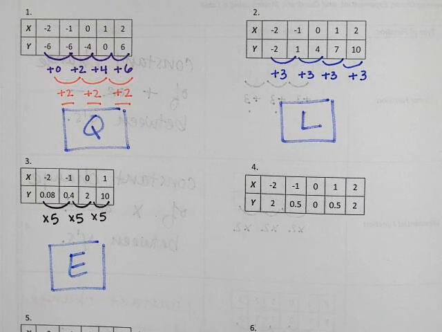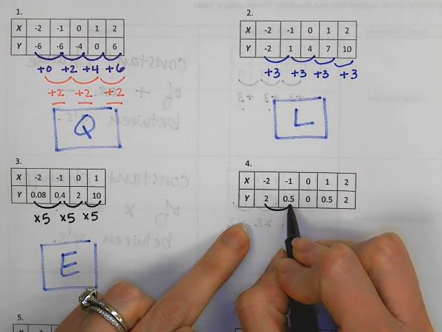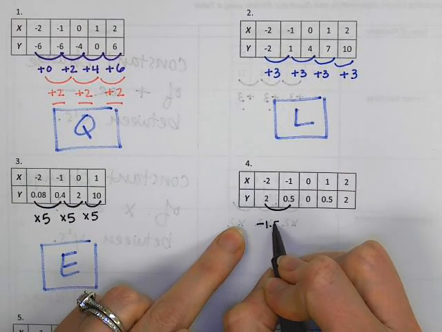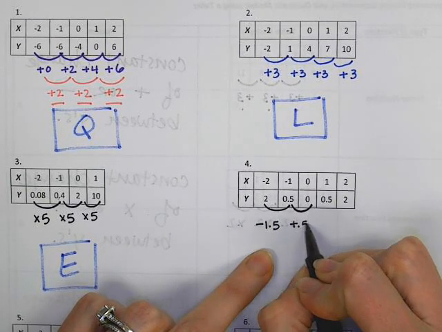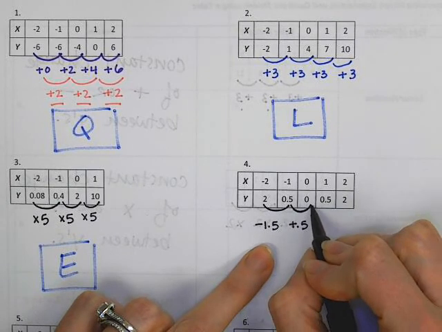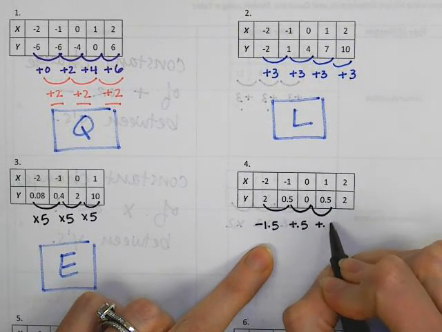All right, let's look at number 4. So number 4, to get from 2 to 0.5, we're subtracting 1.5. To get from 0.5 to 0, we're adding 0.5. To get from 0 to 0.5, we're adding 0.5.